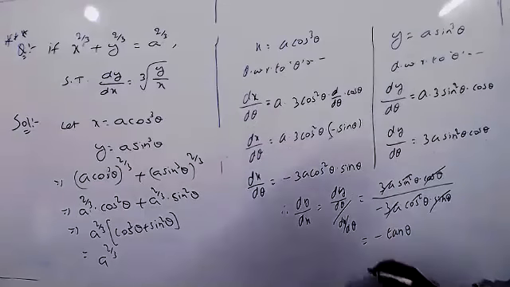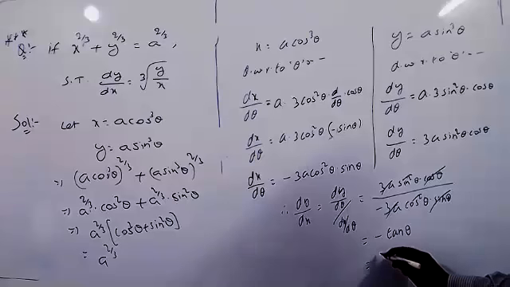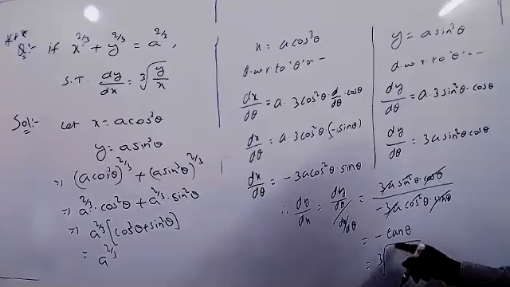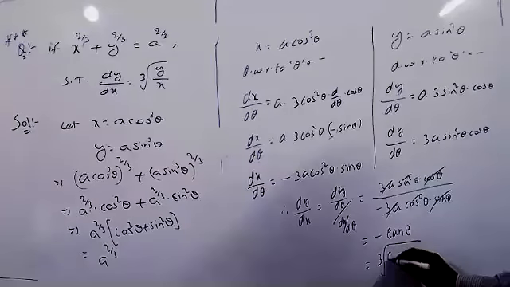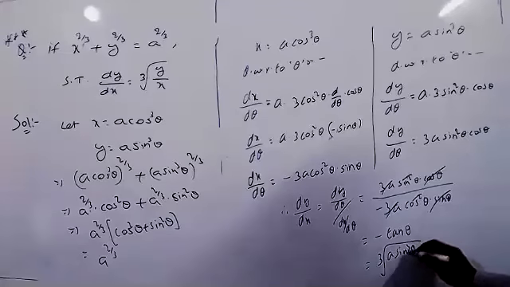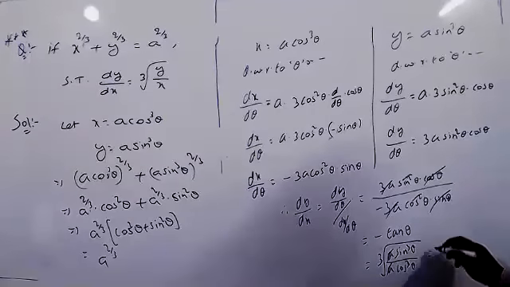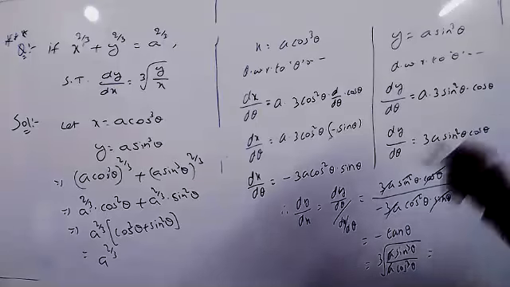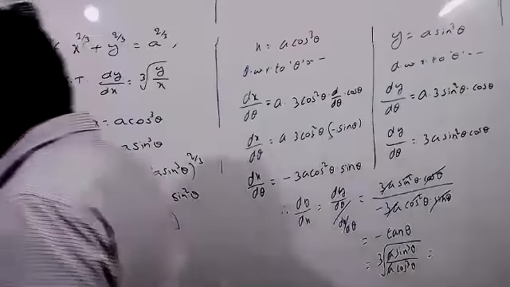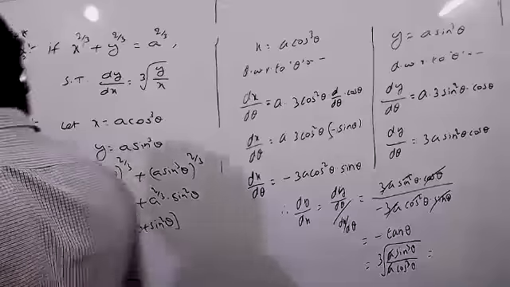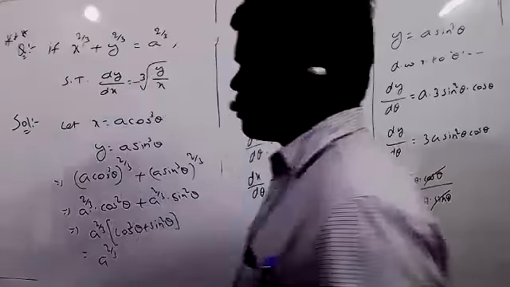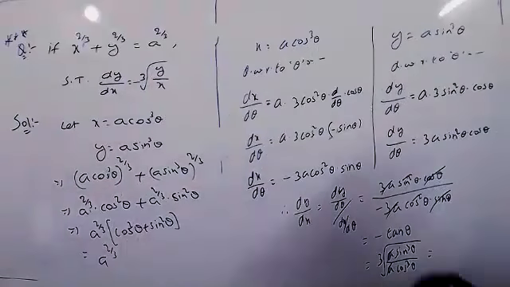If you take cube root of y by x, equal to a sin cube theta whole by a cos cube theta, a will be cancelled, and this one can be written as minus, we are getting the minus now. Yes, very good, minus is there. Here also you can write minus.